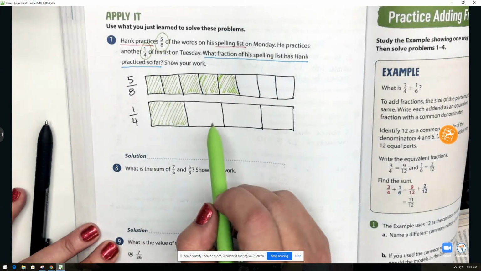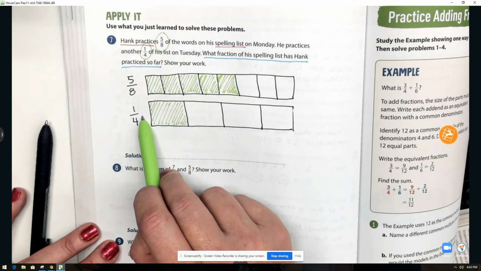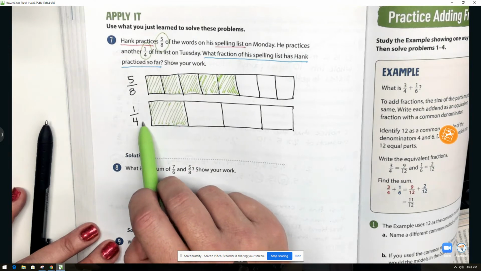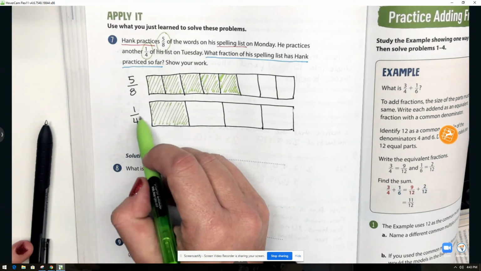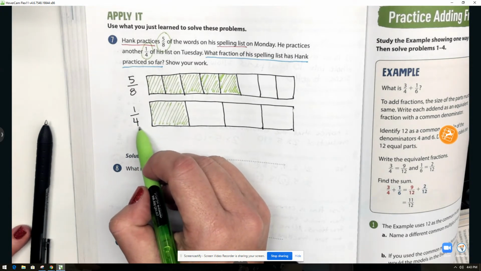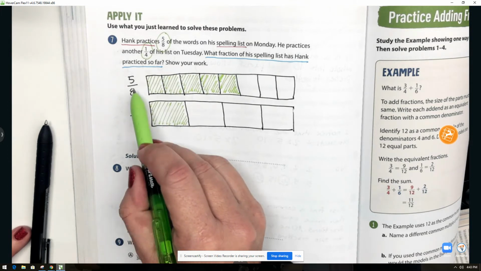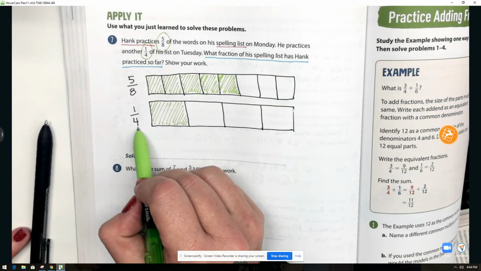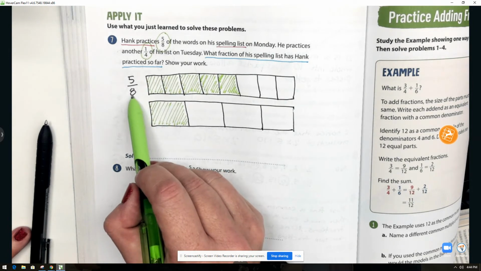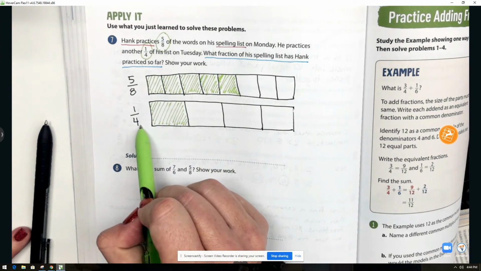Now we're going to see, okay, how can I make these 2 have a common denominator? One thing that I always like to do is look at the lesser denominator, not the bottom one, but the number that is less, to see if the higher denominator is a multiple of the lesser.